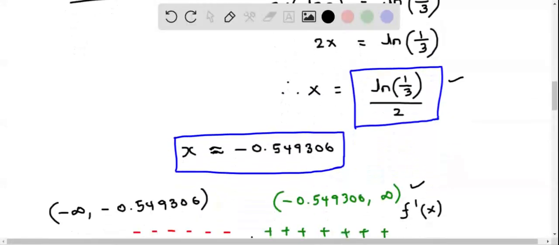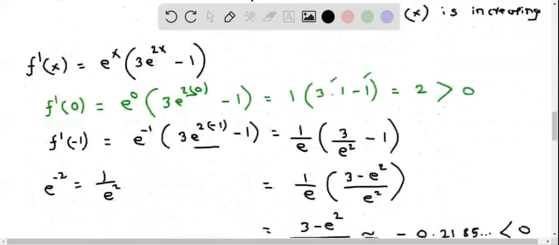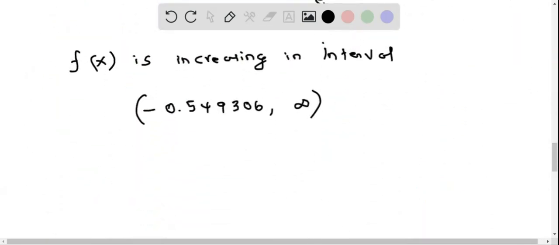This one is basically natural logarithm of 1/3 over 2, or otherwise we can write down this as negative of natural logarithm of 3 over 2 to infinity.